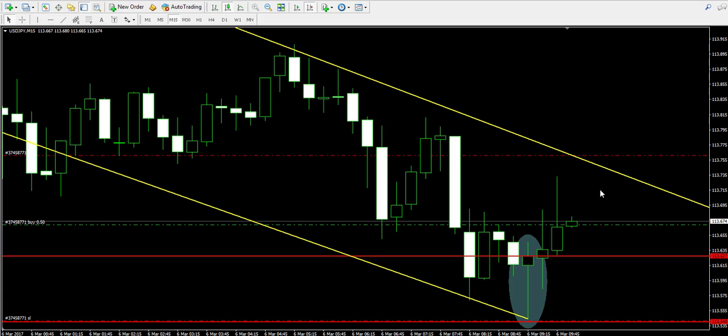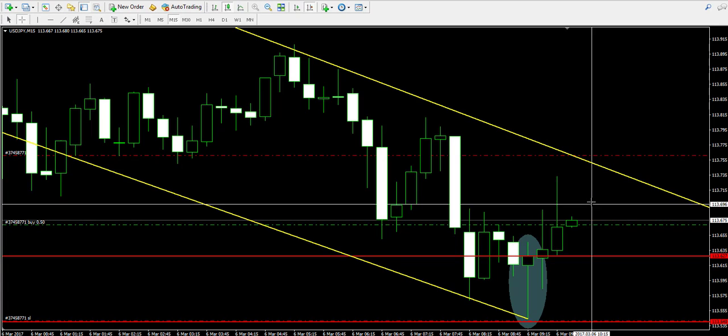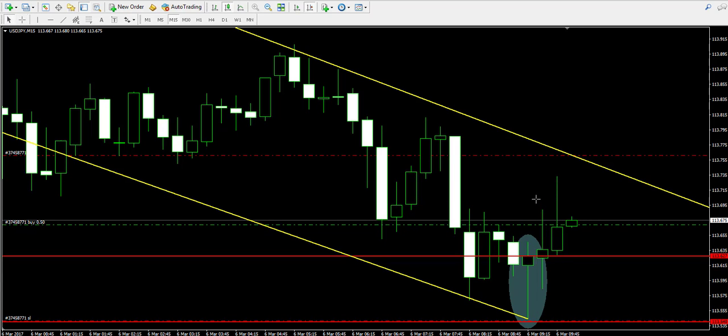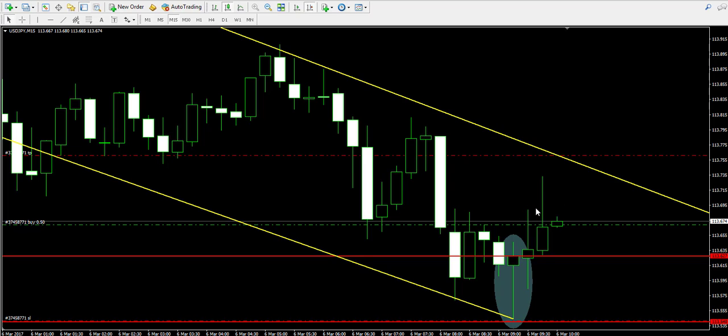Okay guys, we're back 10 more minutes later to see that the price action has closed the candle, meaning that we see the action switching to the right.